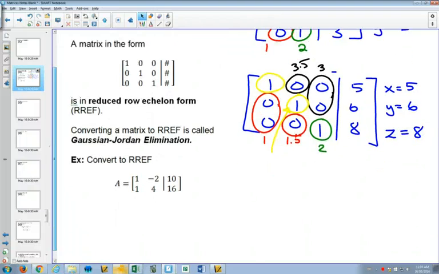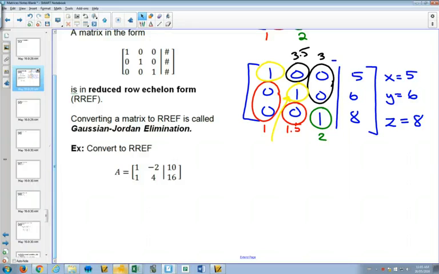So with this first example, we want to convert it to reduced row echelon form. Our goal is to get that bottom left-hand corner to be a 0 first. So we need to change row 2, and row 2 can get changed by taking row 2 and subtracting row 1. Or you could have done row 1 subtract row 2.